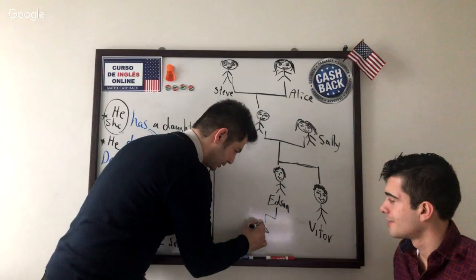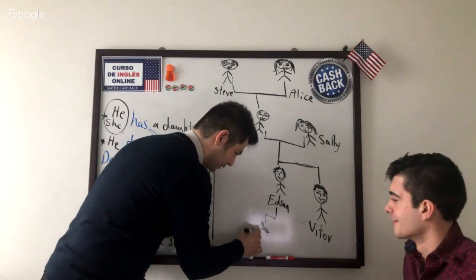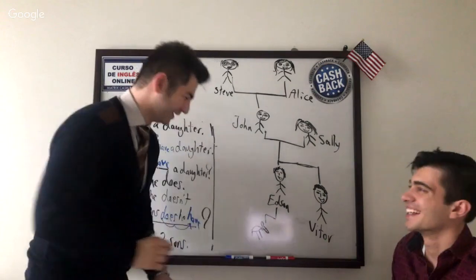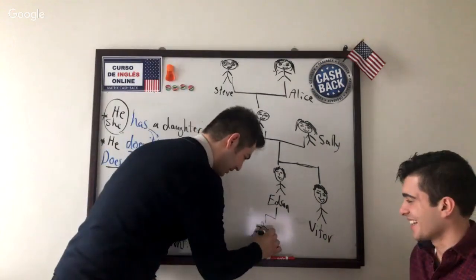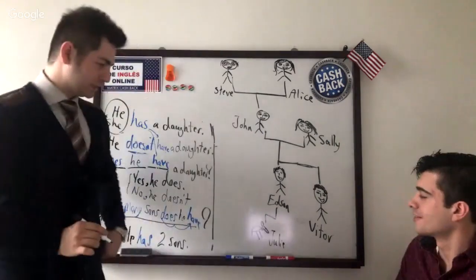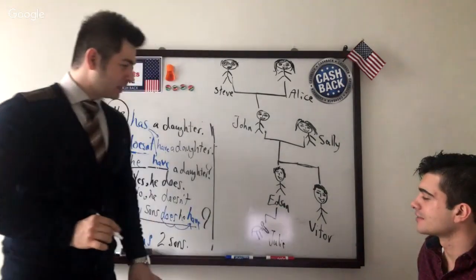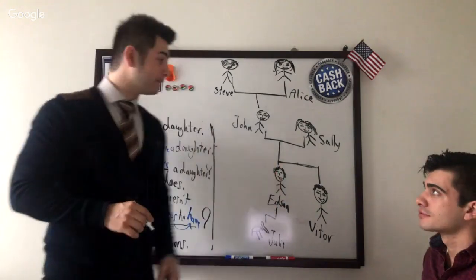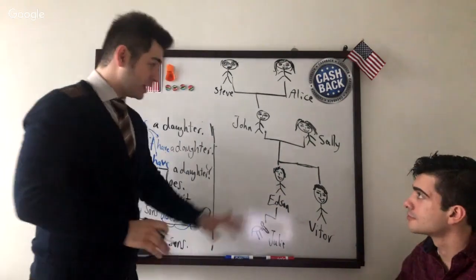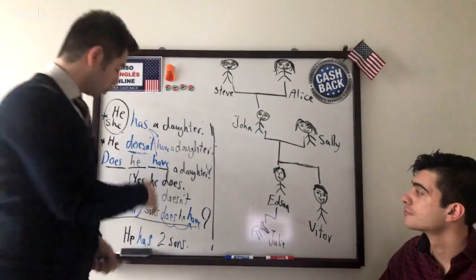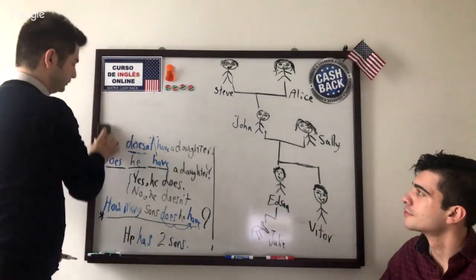Your pet's name. Let's imagine this is a pet. This is a dog. Her name is Julie. So we can use have and has to talk about our pets as well. So after you get the family tree ready, now try and write sentences.